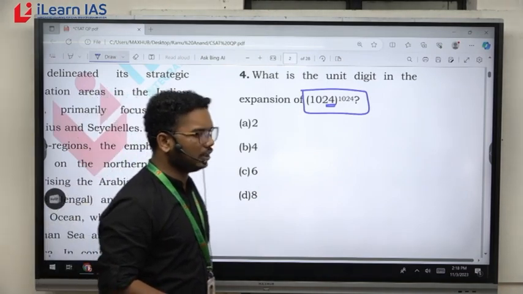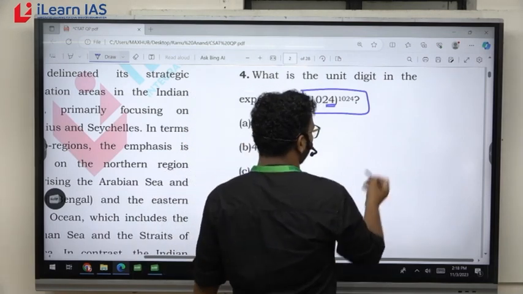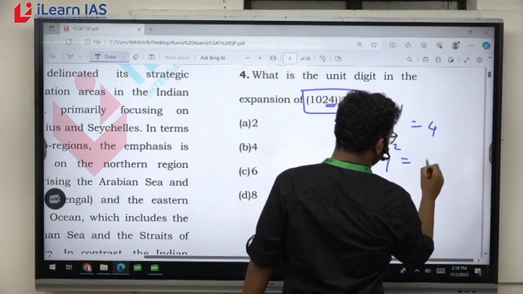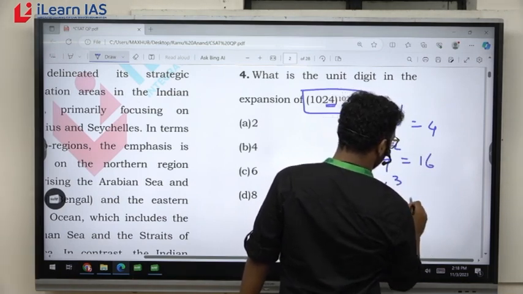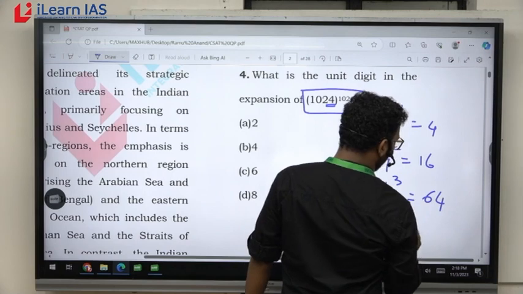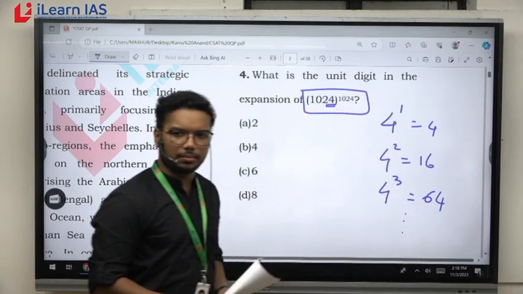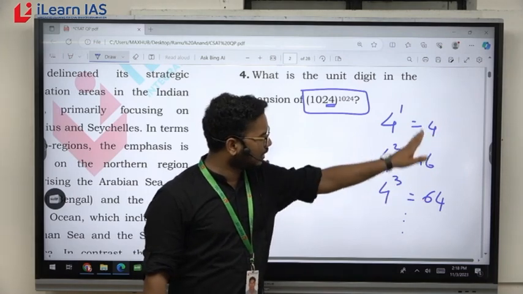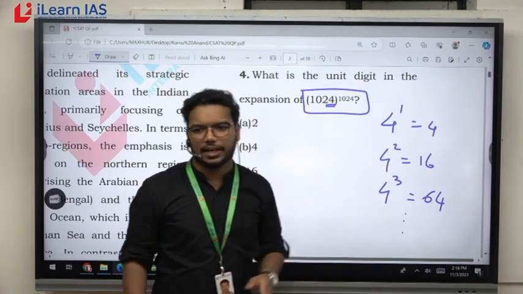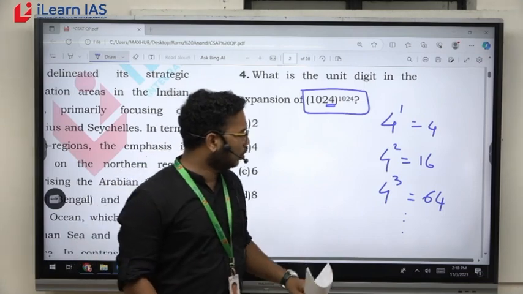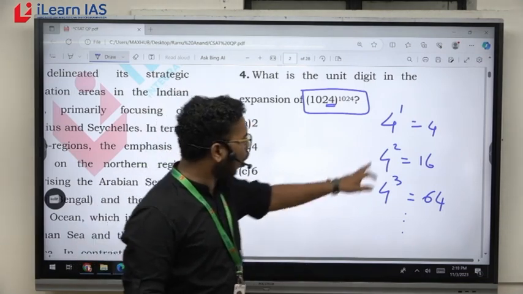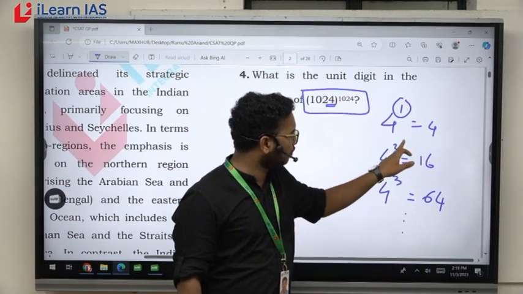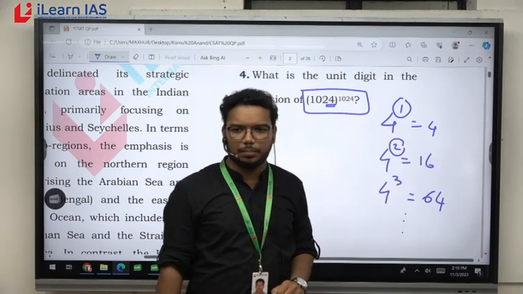If we look at the powers of 4, 4 raised to 1 is 4, 4 raised to 2 is 16, 4 raised to 3 is 64, and so on. So what did we understand? The unit digit repeats as 4, 6, 4, 6, and so on. That is, when the power is odd, the unit digit will be 4, and when the power is even, the unit digit will be 6.